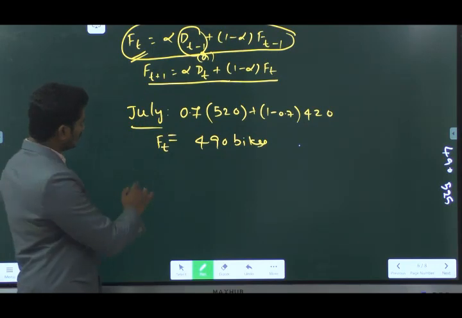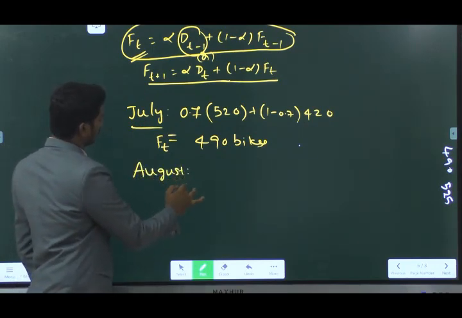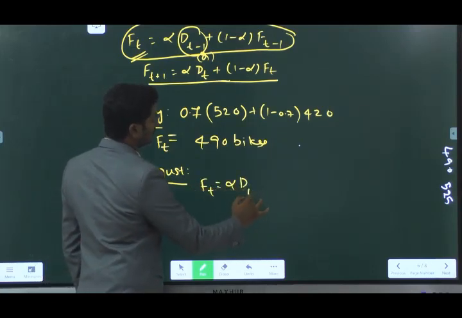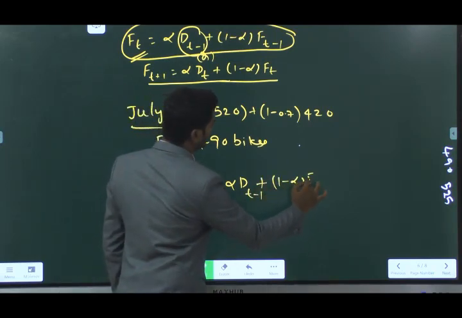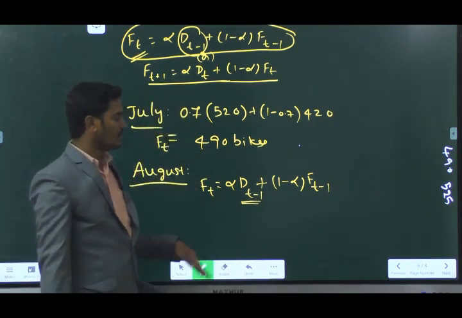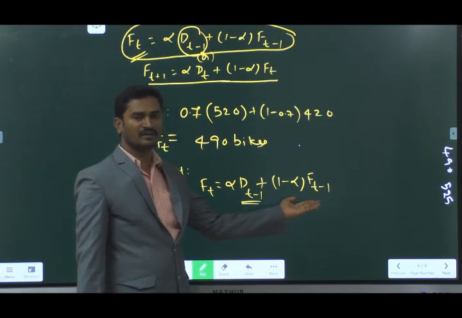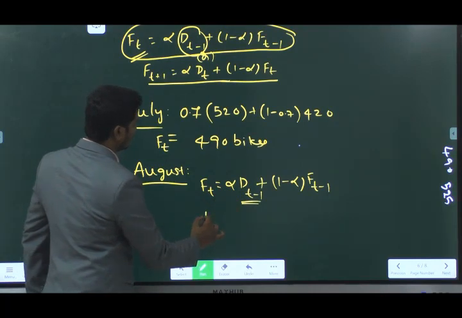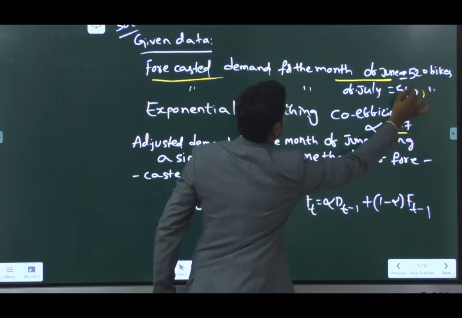Now we are going to calculate the demand for the August month. Here also we use the same formula, Ft equal to alpha into dt minus 1 plus 1 minus alpha into Ft minus 1, where dt minus 1 means the demand for the July month, and Ft minus 1 means the adjusted demand for the July month. Here dt minus 1 is given in our problem, 540 bikes.